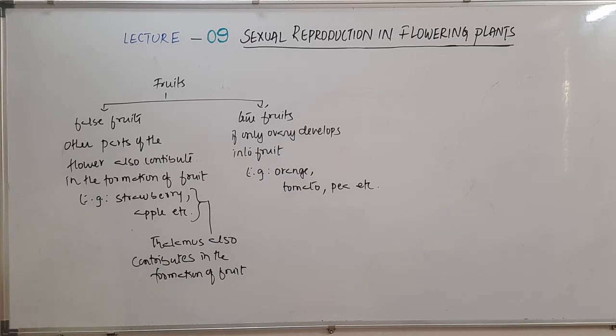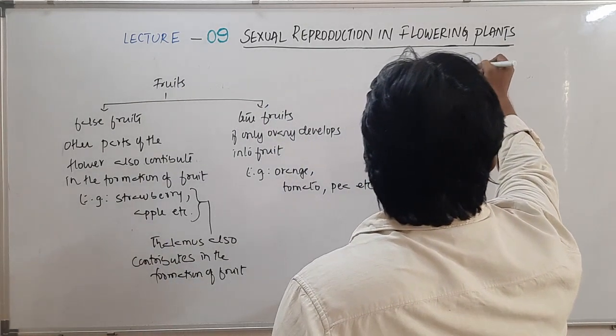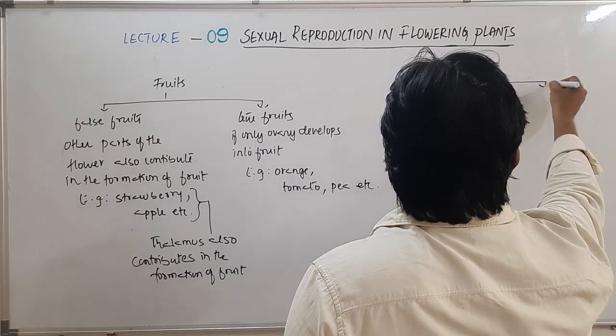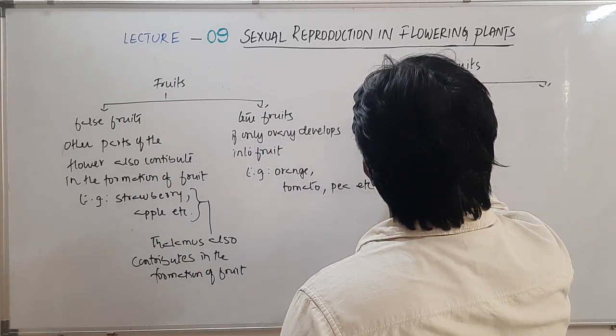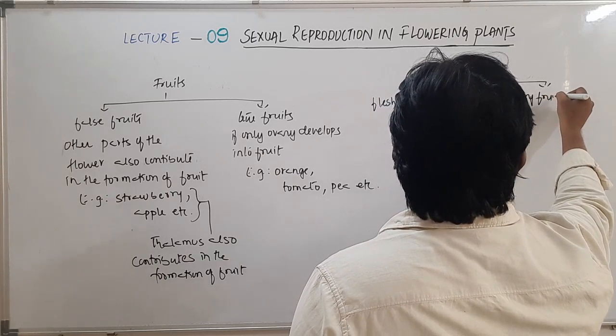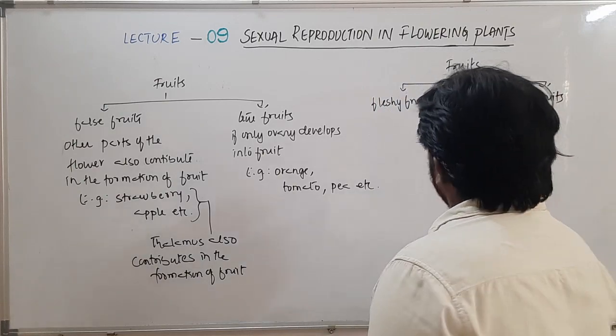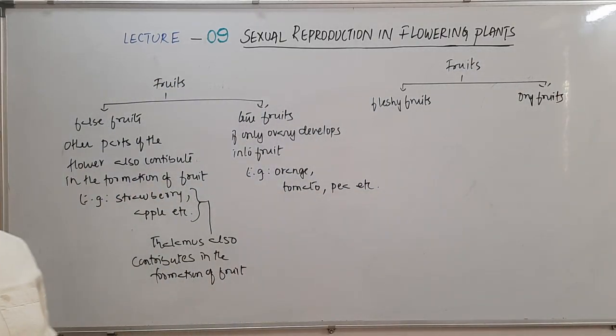Okay, now here the fruits can also be classified, whether they are fleshy or dry. So we have fleshy fruits, and we have dry fruits. These fruits have been classified into two types, fleshy fruits and dry fruits.